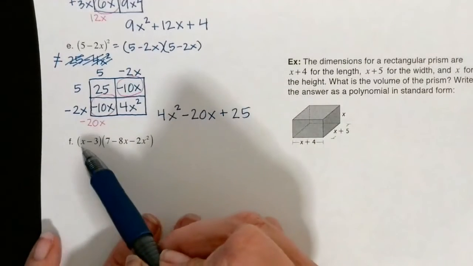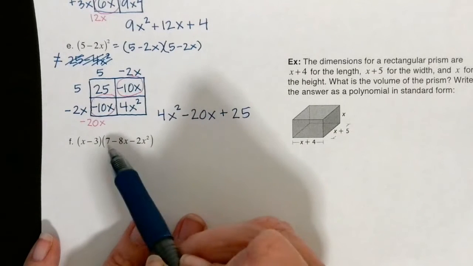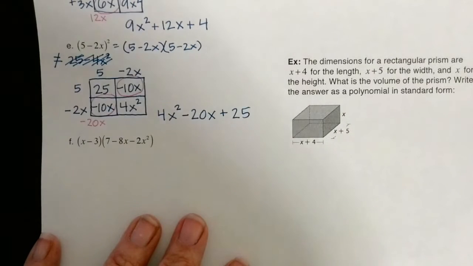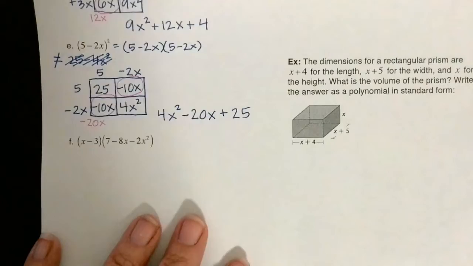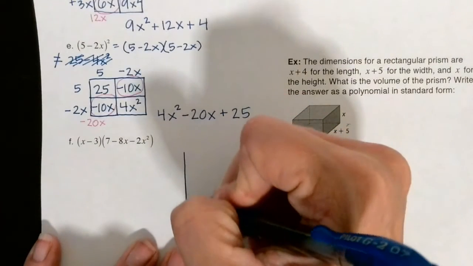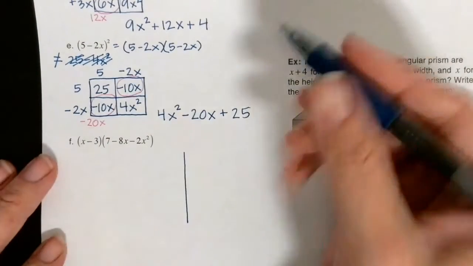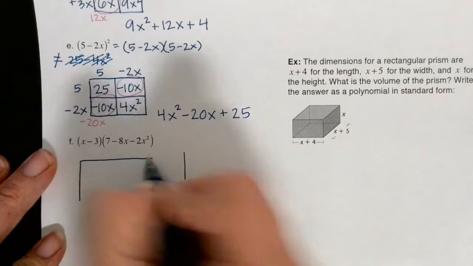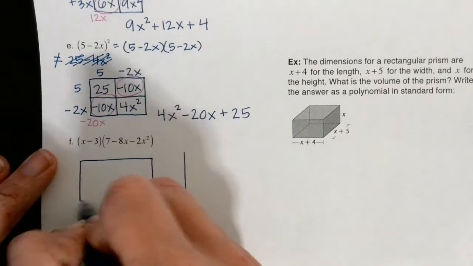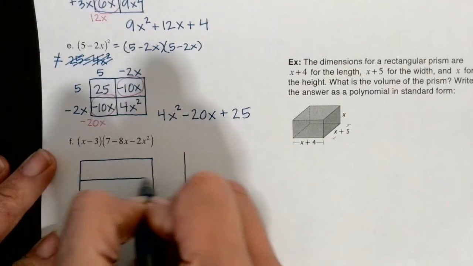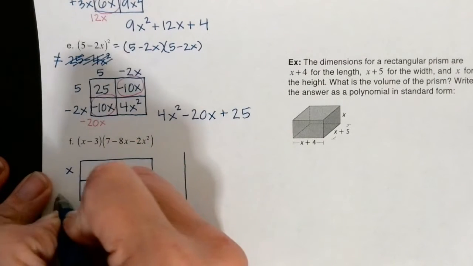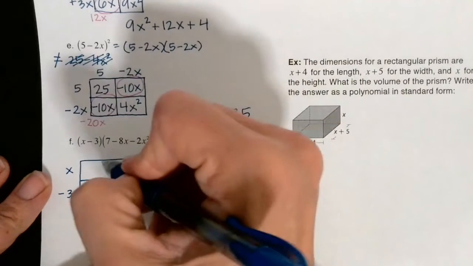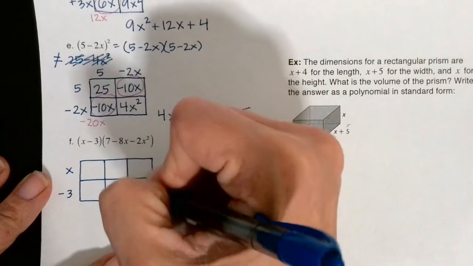Oh my gosh, it's a binomial times a trinomial. So there are two different ways to do this one too, and I'll show you both ways one time. So the first way again is the box method, but for this box method you have a 2 by 3, so you need to make the 2 part for your x minus 3, and then the 3 part for your 3 terms.